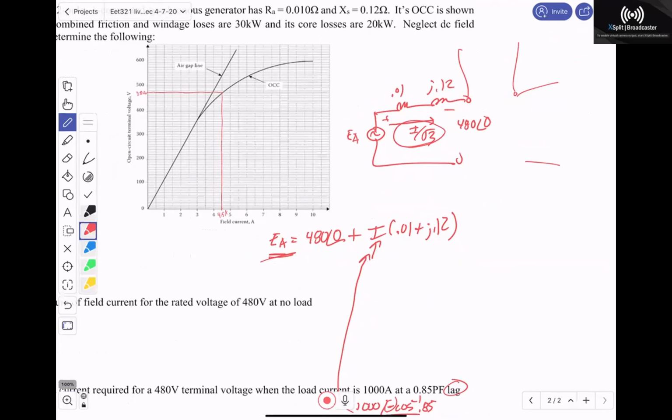So we should for this problem? Yes. Because it's load current, my generator is sitting here, and all I have is 3 wires. When I talk about load current, I talk about the 1,000 amps here. But what actually travels in one of the phases, because this is delta connected, is different.